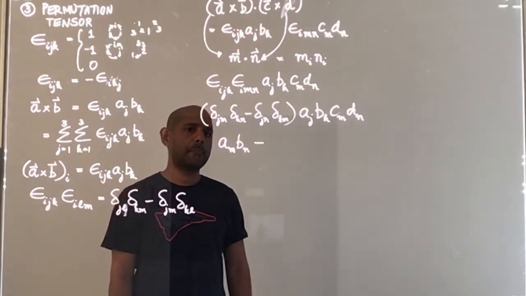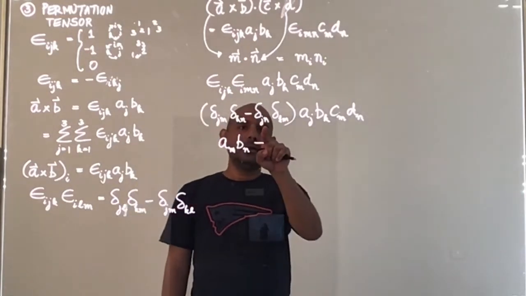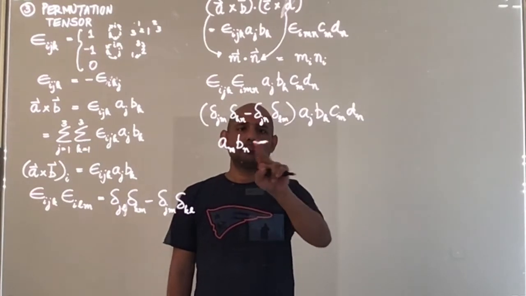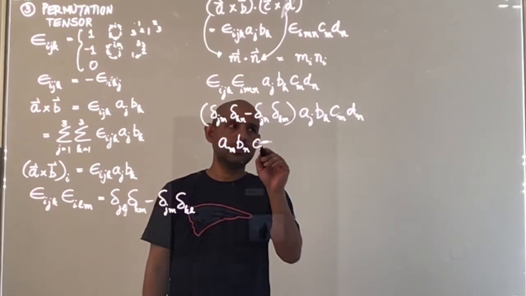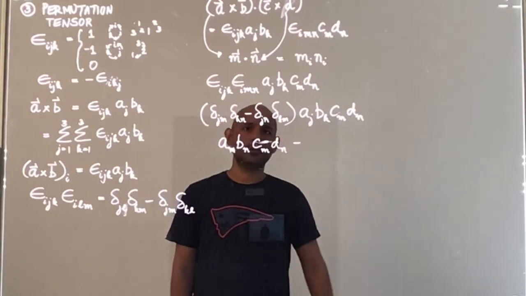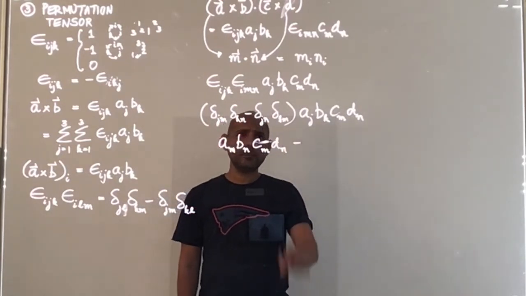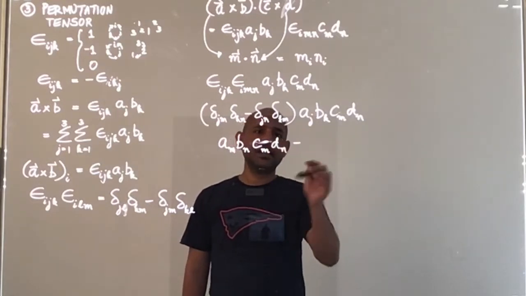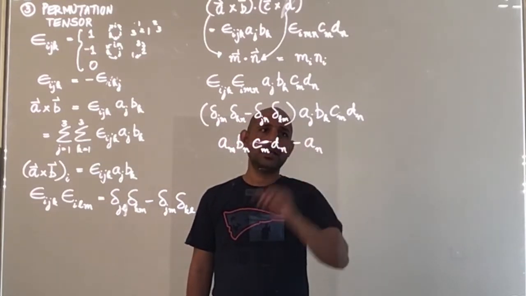Minus, sorry, I forgot the other guys. Cn, Dn. Minus delta Jn, Aj, N is free, so this becomes An.